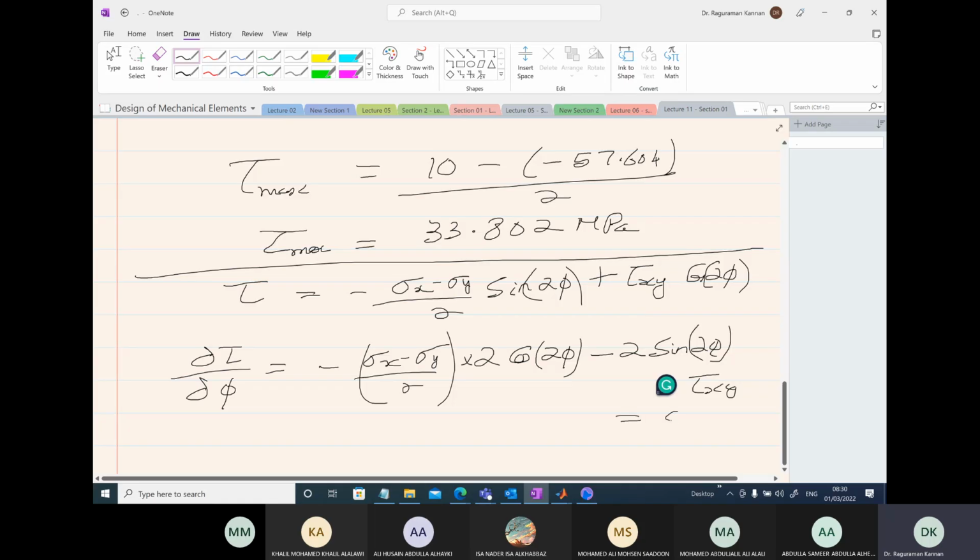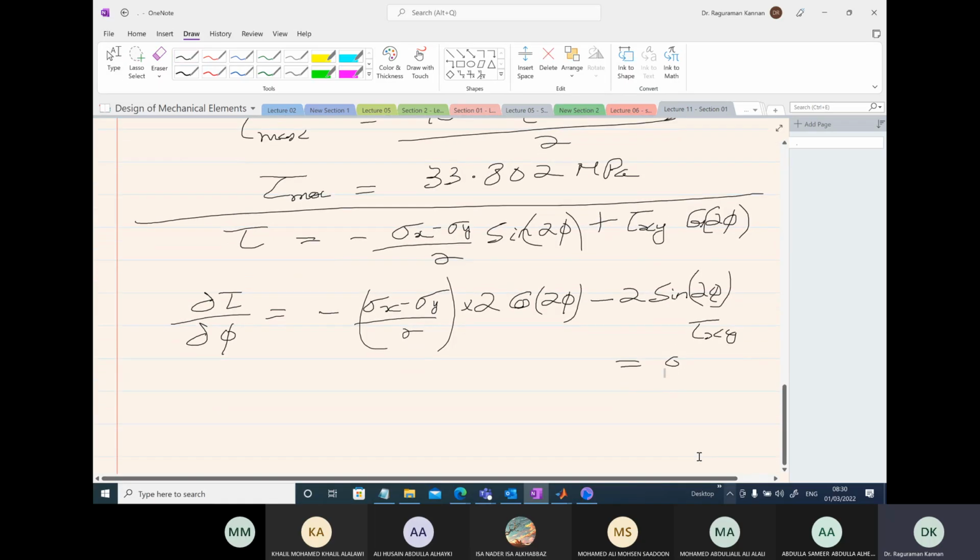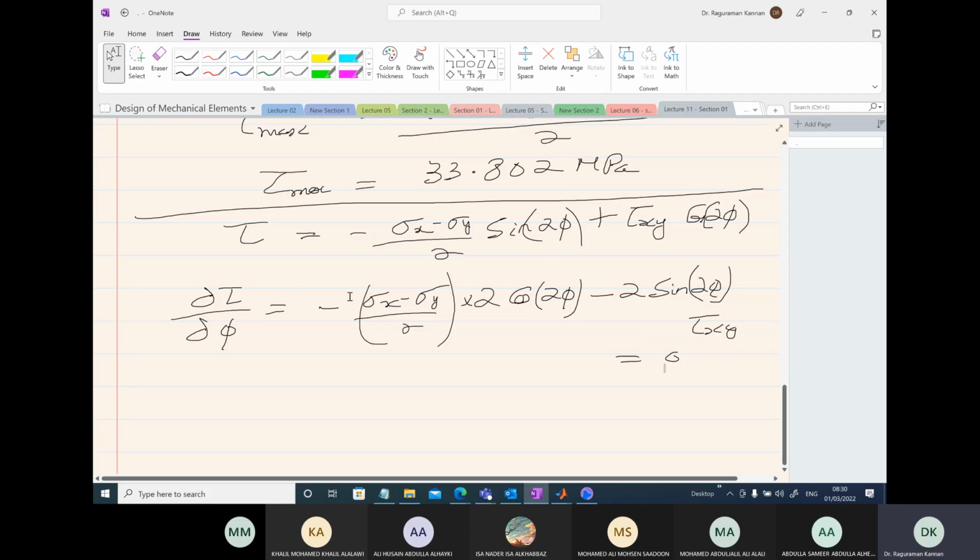This should be equal to 0. We have two negative signs here. So I'm going to take the sine 2 phi term to the other side and get the tan 2 phi value. 2 phi, this is the maximum shear stress direction.